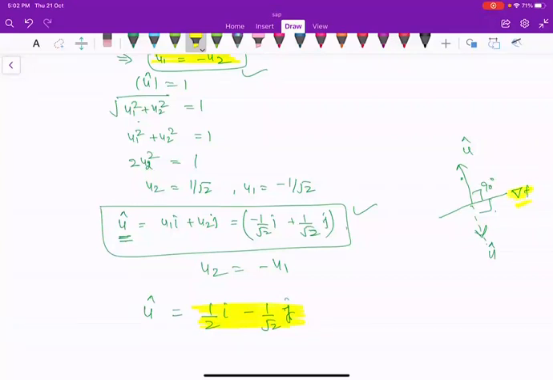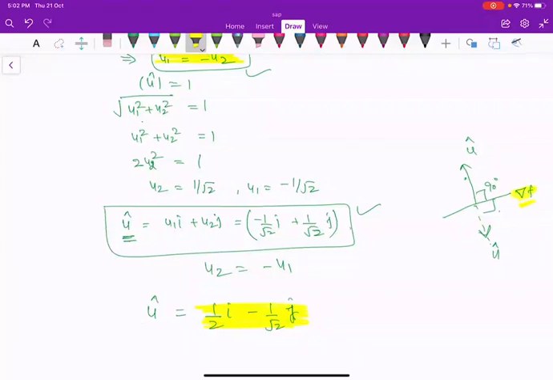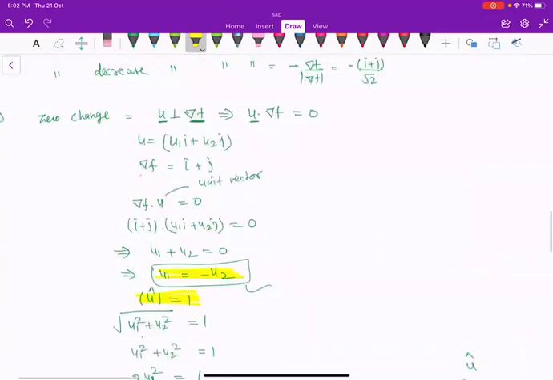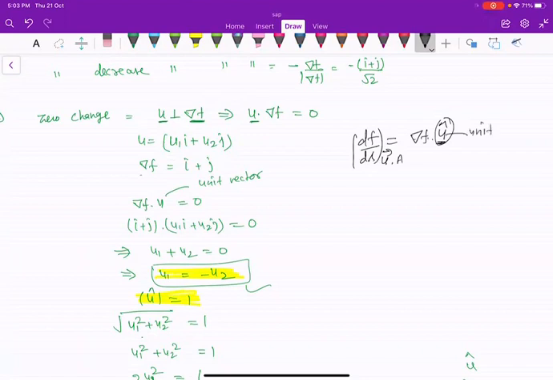A student asks why the magnitude was taken as 1. Because what is the definition of directional derivative? Del f dot u, where u is the unit vector, the direction in which we are computing the directional derivative at the point A. That is a unit vector, and the modulus of a unit vector is 1.